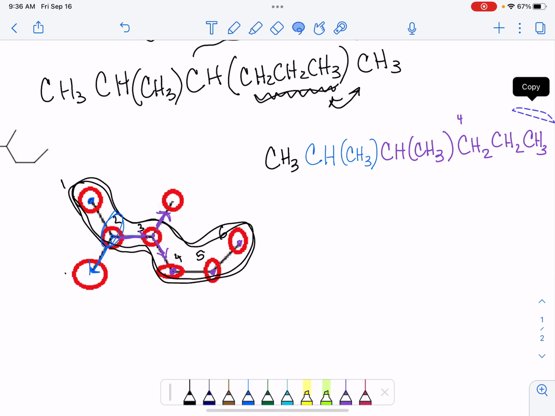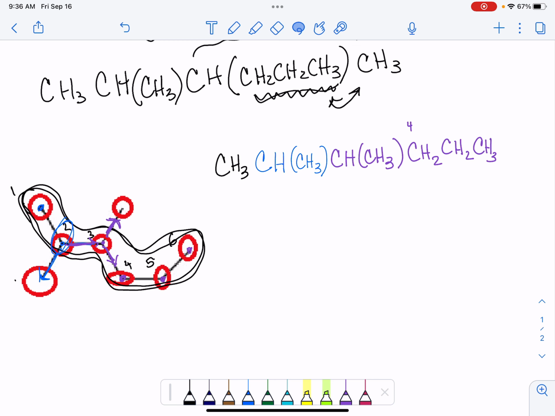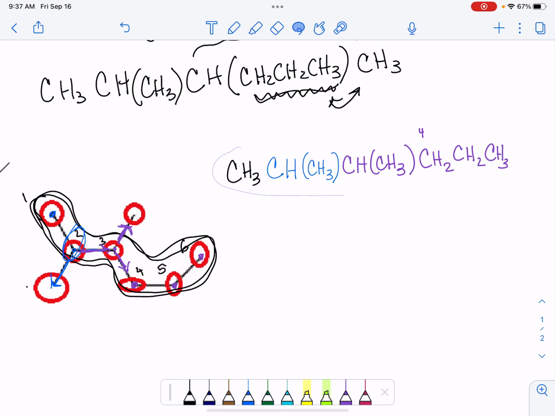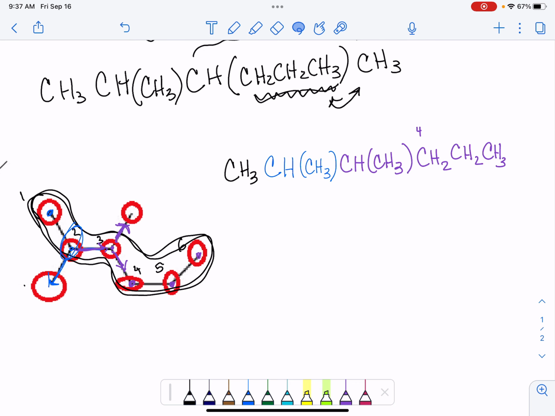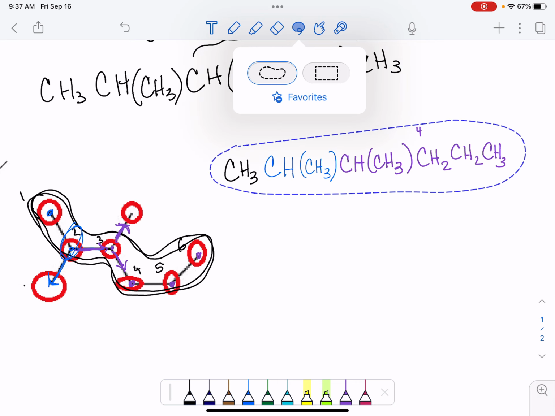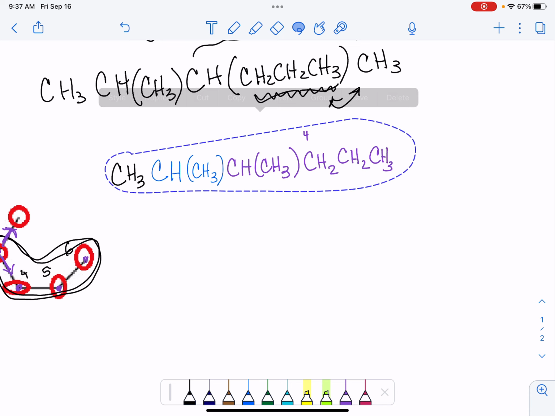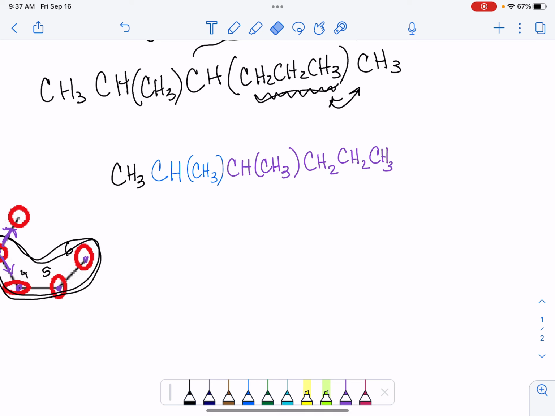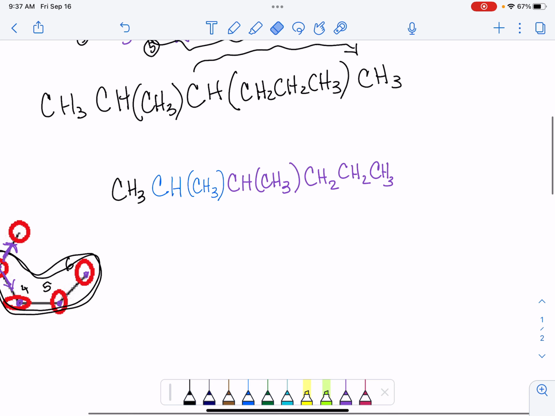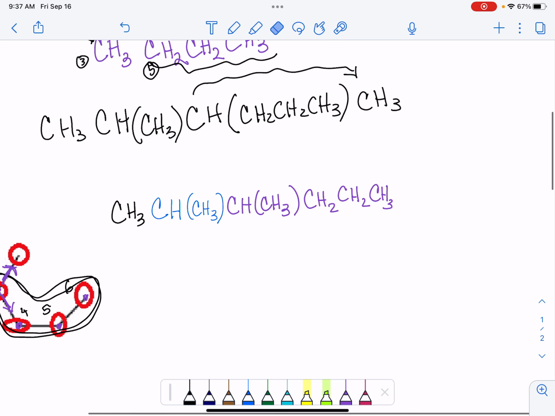So this is probably, let me grab this and scoot it over. All right, I'm just going to do it. This is probably a better way of looking at it. These two are the same molecule.